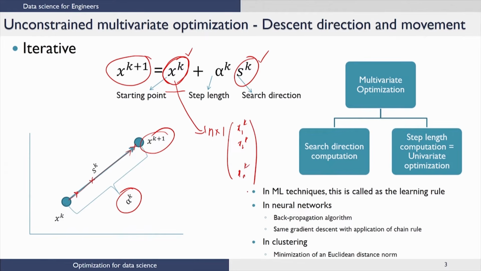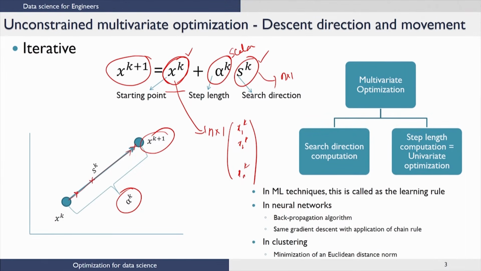These are the current values for variables x1, x2 all the way up to xn, which are the decision variables that we are trying to find. Now, for this equation to be correct, the search direction is also going to be an n by 1 vector, and alpha is essentially a scalar. This is just a number that we need to find out, which is the step length.